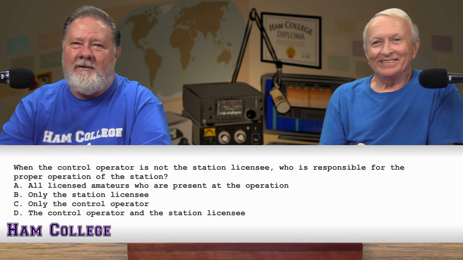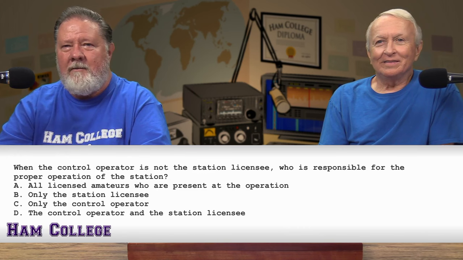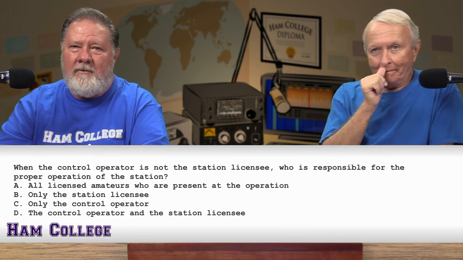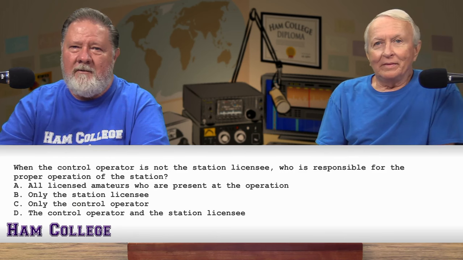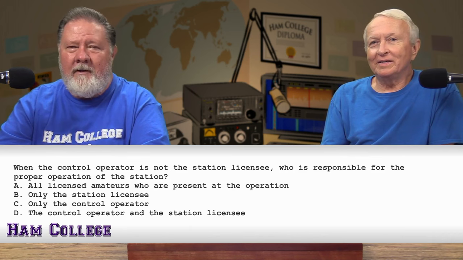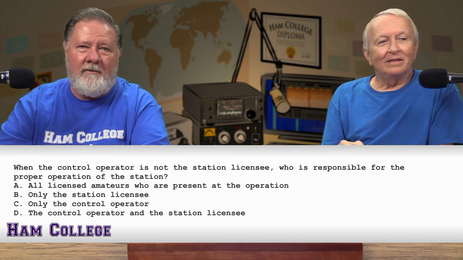Only the station licensee. I think so. Well, I think it's going to be D. I think it's probably going to fall on both of them. Control operator and the station licensee. It's C or D. I just got a feeling it's going to be D, but I'm not sure. It's probably going to be C.